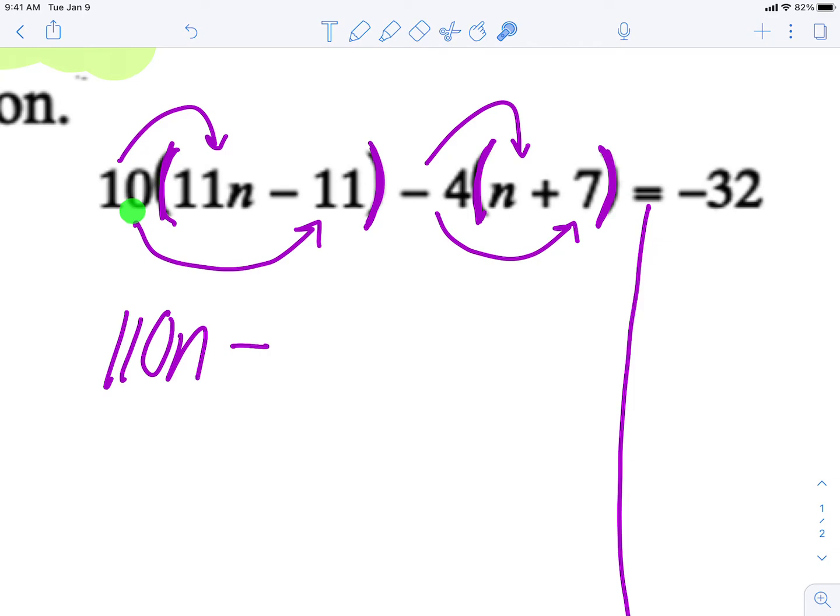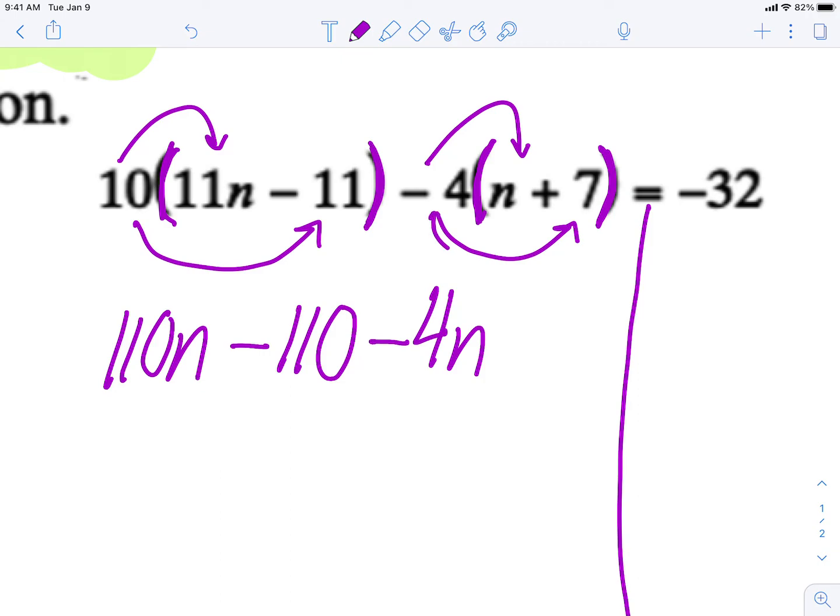And 10 times 11 is 110. Right? So now, here on the next one, we go on top. Negative times positive is negative. 4 times n is 4n.